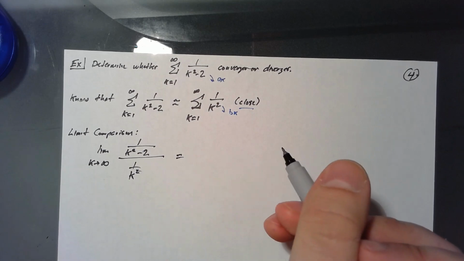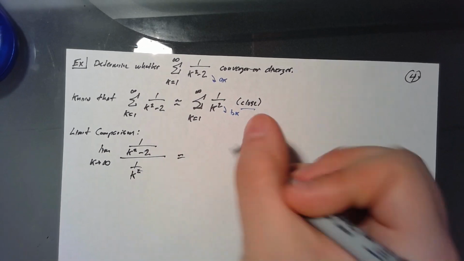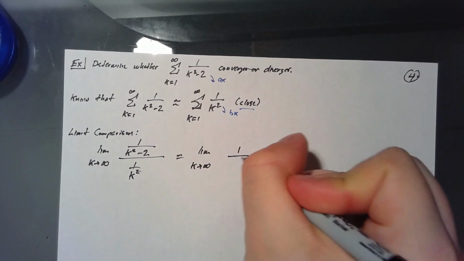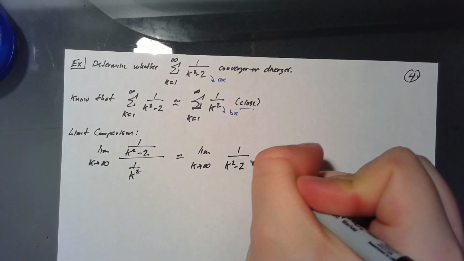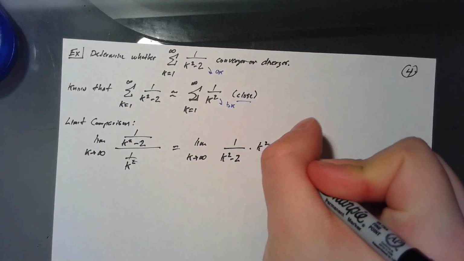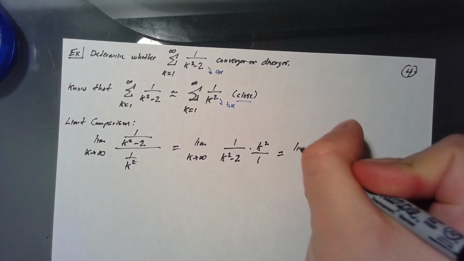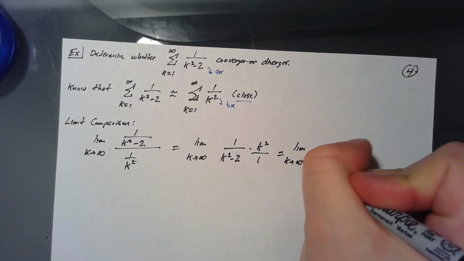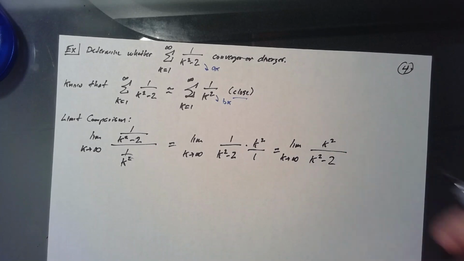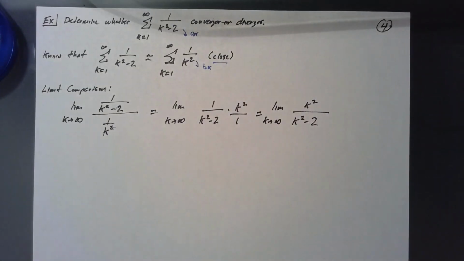Well, how do we take that limit? So take the reciprocal up here. Times the reciprocal of 1 over k squared, which is k squared over 1. Which is k squared over k squared minus 2. All right, well, what's the limit of that?